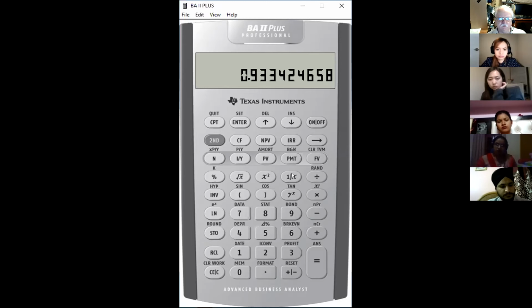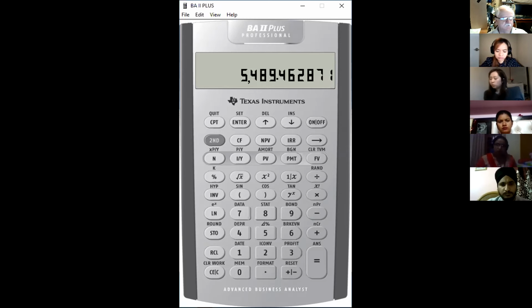And if I don't want to use the 1 over x, I can store this number. I could go store 2. And so now when I go recall 2, I've got that there. Recall 1, I've still got the other number there. But now that I've stored it, I can go 5, 1, 2, 4 divided by recall 2.